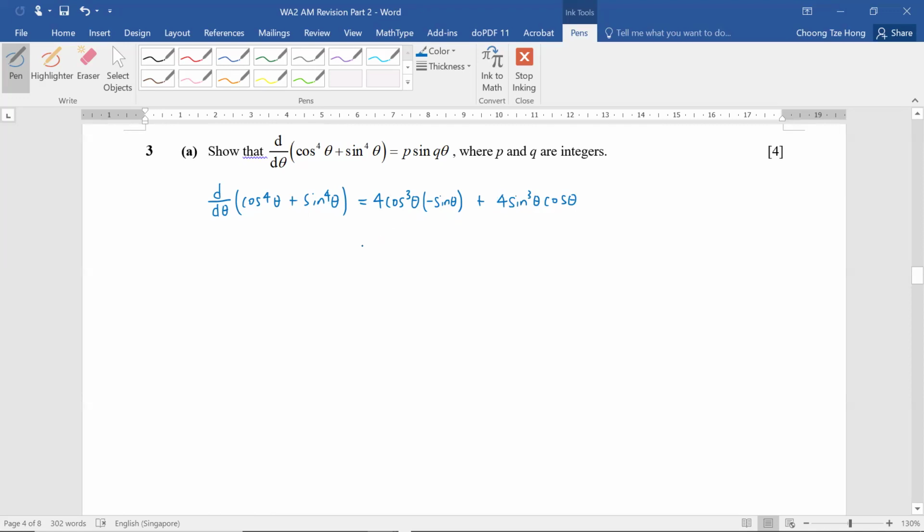Let's tidy up a bit. On this side, we have negative 4 cos³θ sinθ plus 4 sin³θ cosθ. For these two terms, there are some common factors that we can take out.